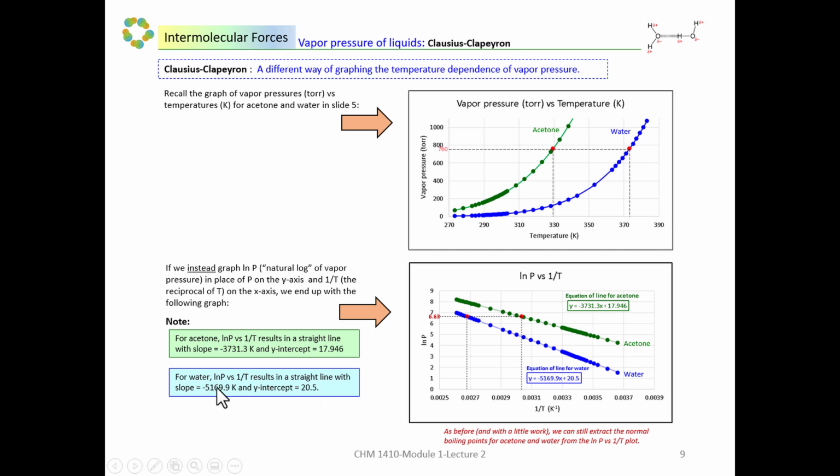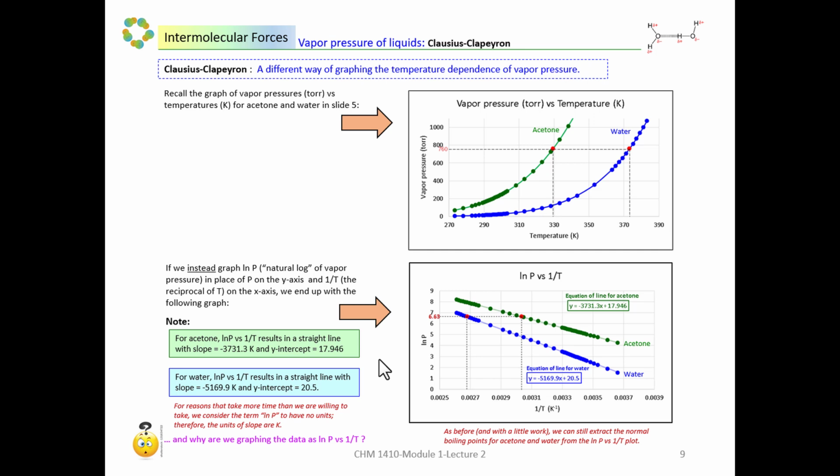So note the slope of the line for water is more negative than the slope of the line for acetone. Now, the term ln of P will have no units. Therefore, the units of slope are K.